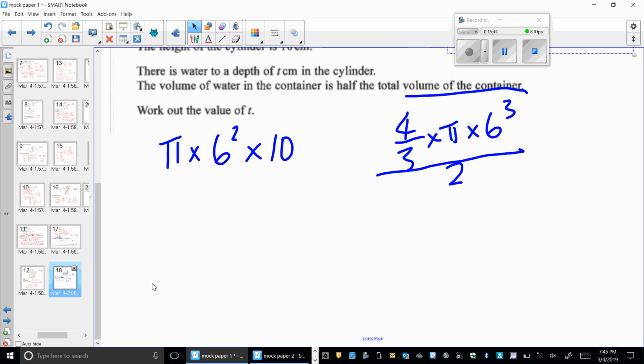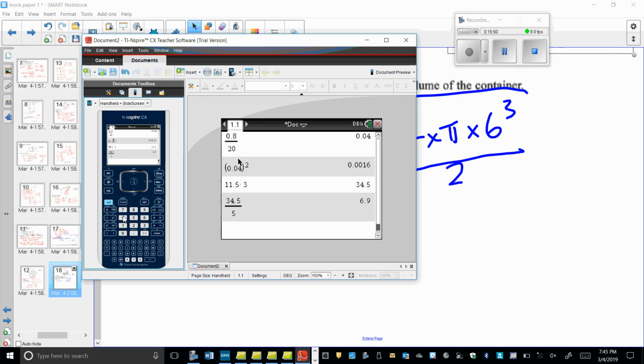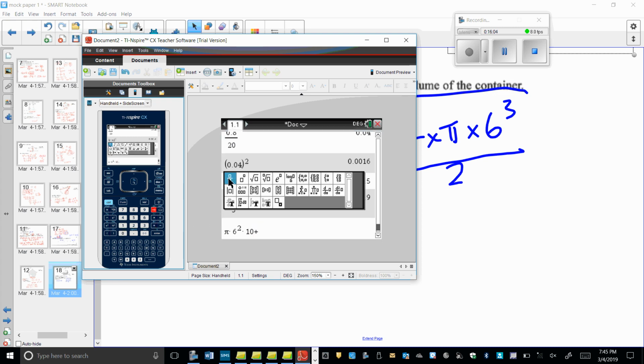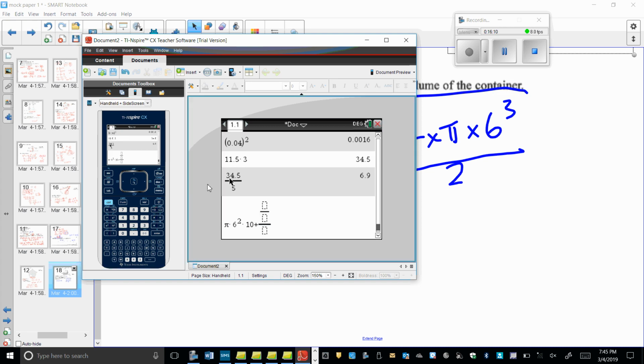So let's find that total. Pi multiplied by 6 squared multiplied by 10, plus 4/3 pi multiplied by 6 cubed over 2.